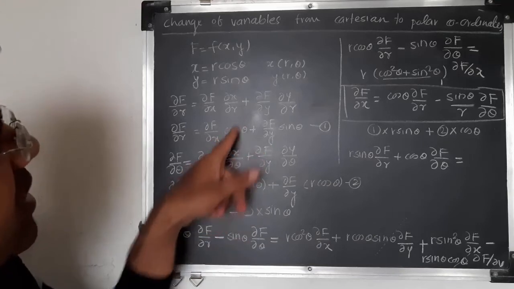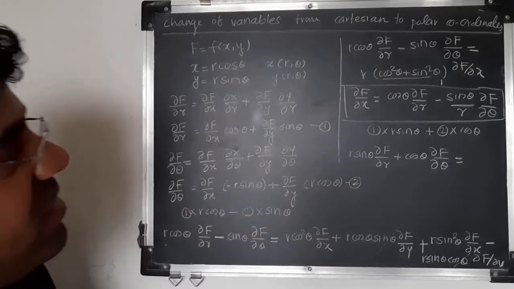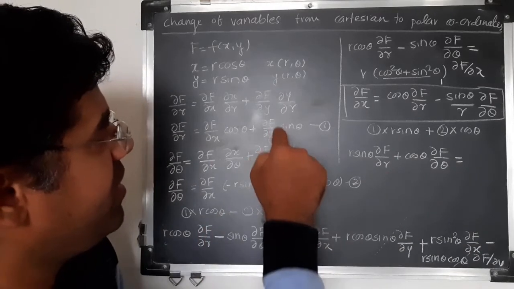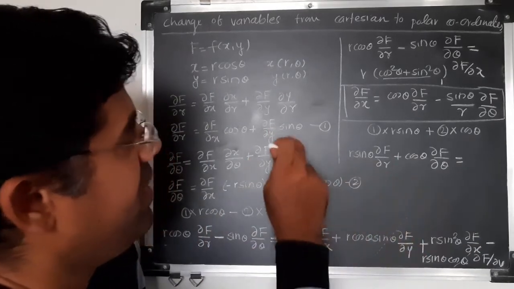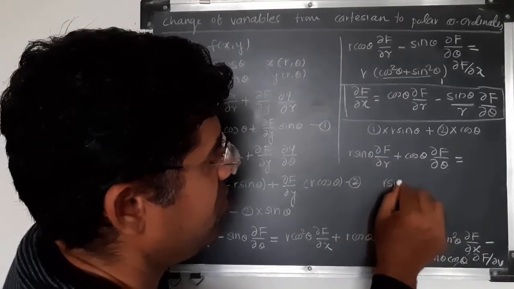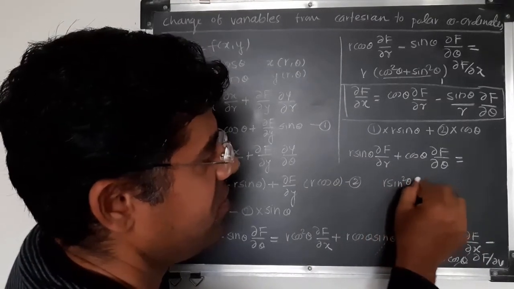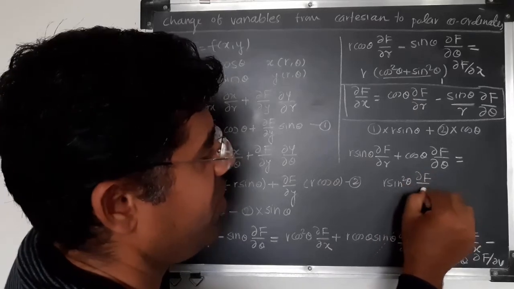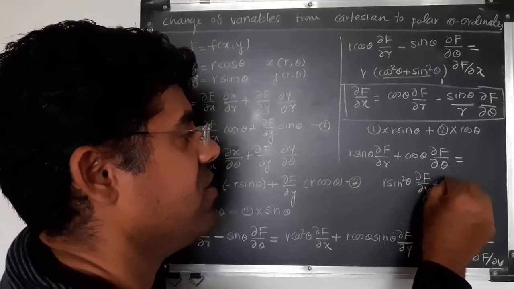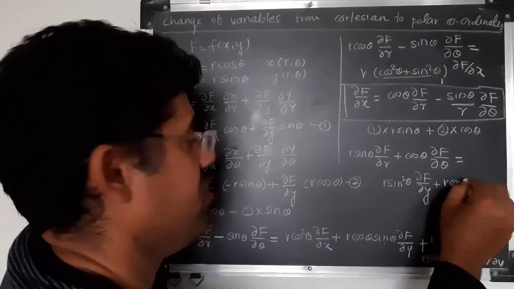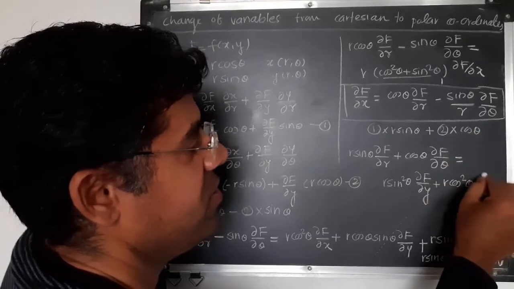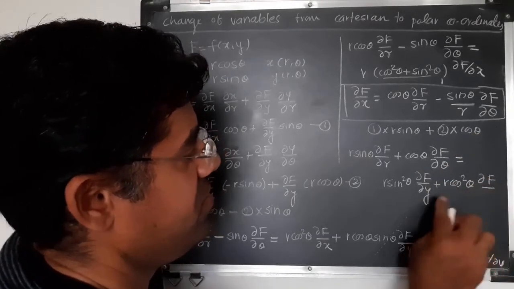I will not waste the time on that one, so directly I will write it here. This term is cancelled, so only ∂f/∂y is remaining, and that is r sin square theta ∂f/∂y, plus r cos square theta, because you multiply with cos theta, ∂f/∂y.